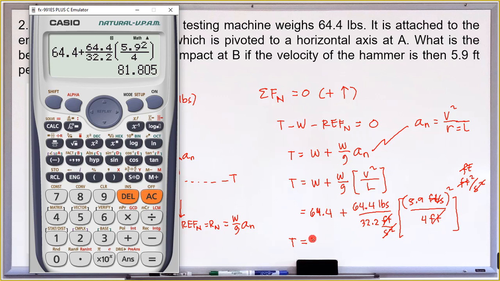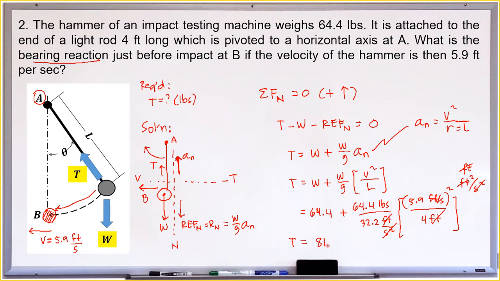Okay, so 81.8 pounds. So this is the magnitude of the bearing force that is experienced by the pivot point A. Okay, as this object oscillates from, or as this object approaches to this point B.